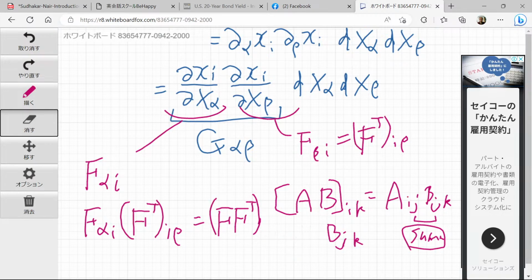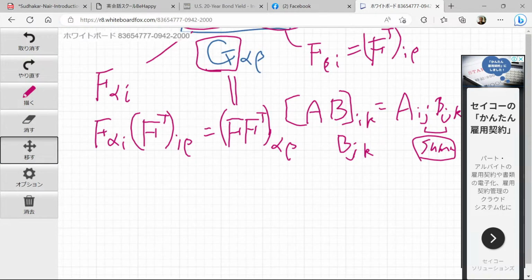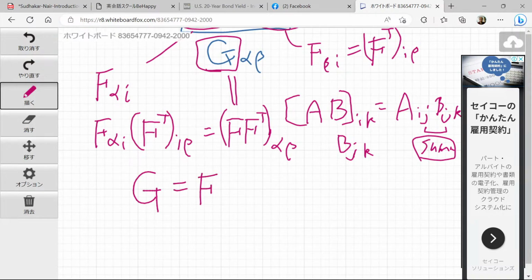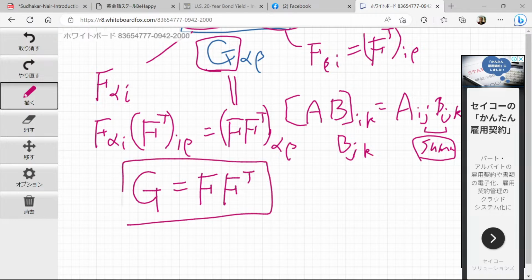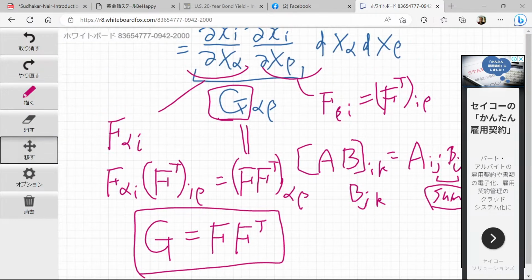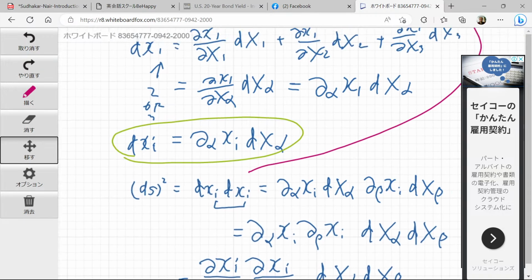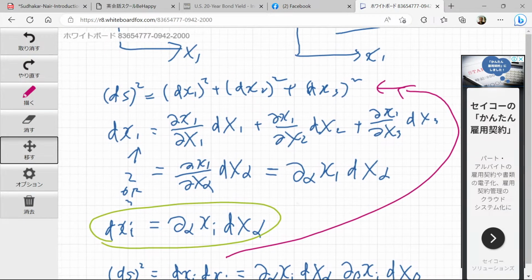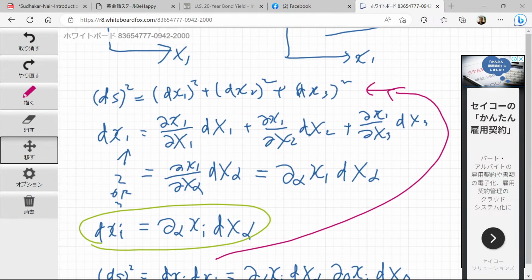So that means G is exactly equal to F F transpose. So you have this, G equals F F transpose. That's it.